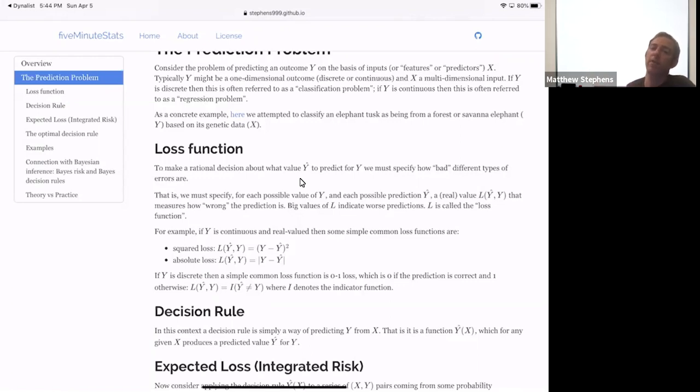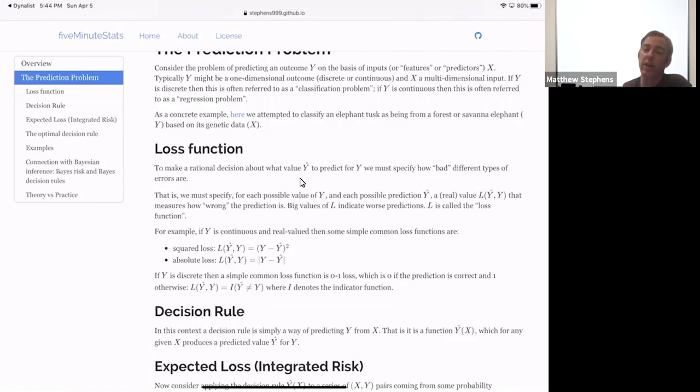That's not always true; in general you could have a decision space that is not the same space. You could be trying to make a binary decision based on a continuous unknown variable.